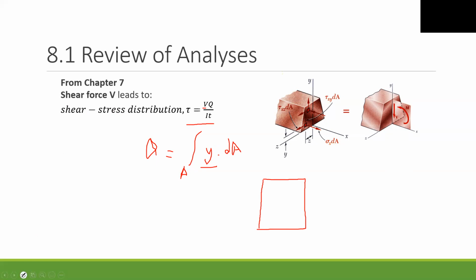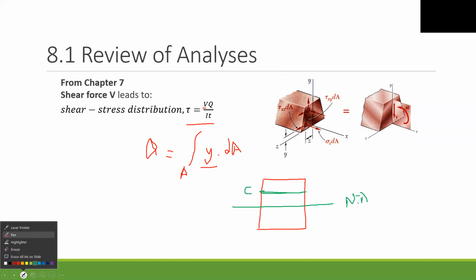I want to use a different color like this. For example, this is the neutral axis, and we choose any point I want to define as point C, and I want to compute Q at point C.